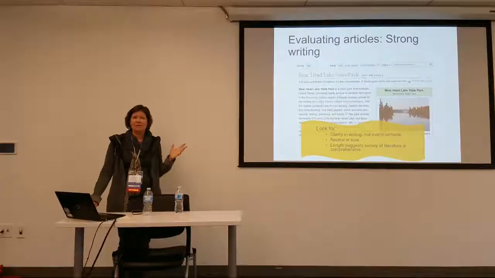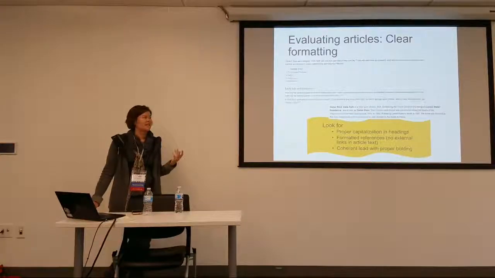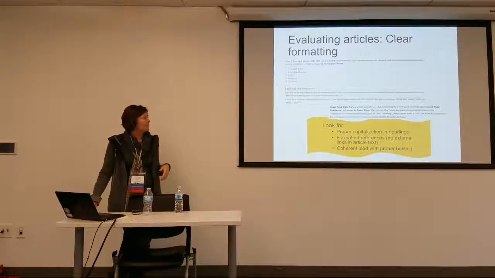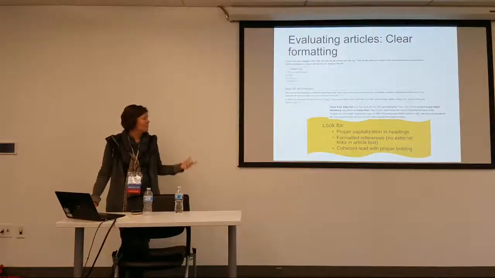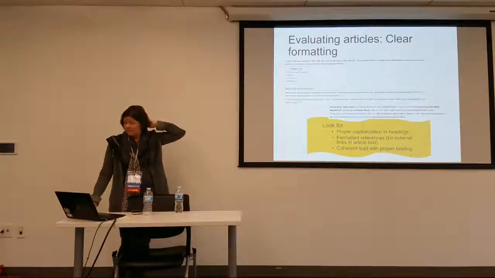Unfortunately, length can sometimes be an indicator that an article is better. Is it properly formatted? Does it use headings? Does it look like somebody paid attention to the formatting? And does it have a coherent lead for a longer article?